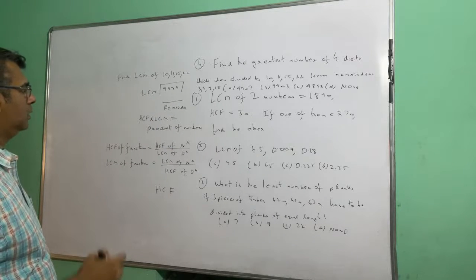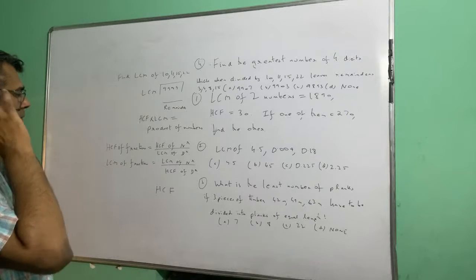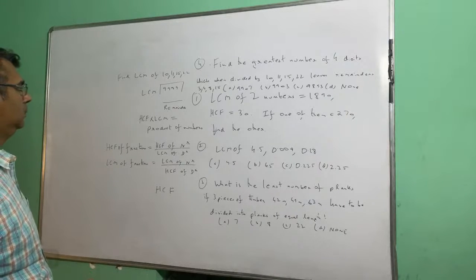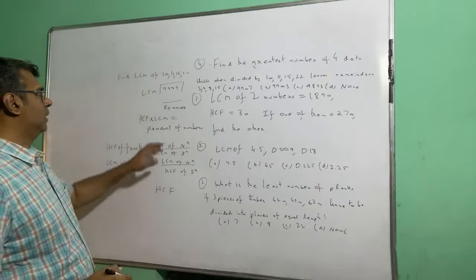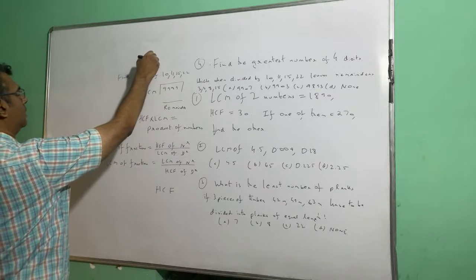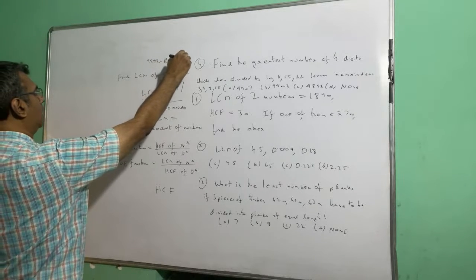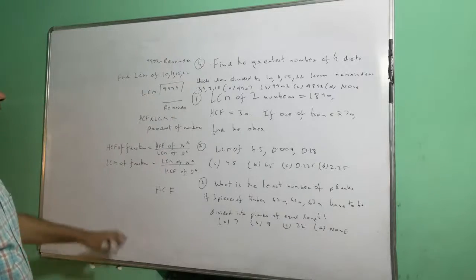So what you will have to do is subtract: 9999 minus the remainder.